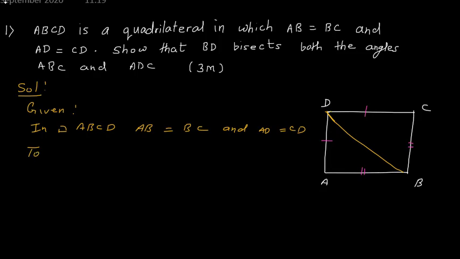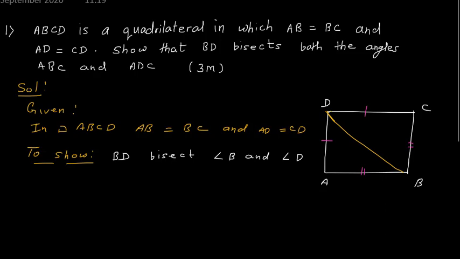To show, you will say that we have to show that this BD bisect angle B and angle D. Okay. Completely you can write angle ABC and angle ADC.